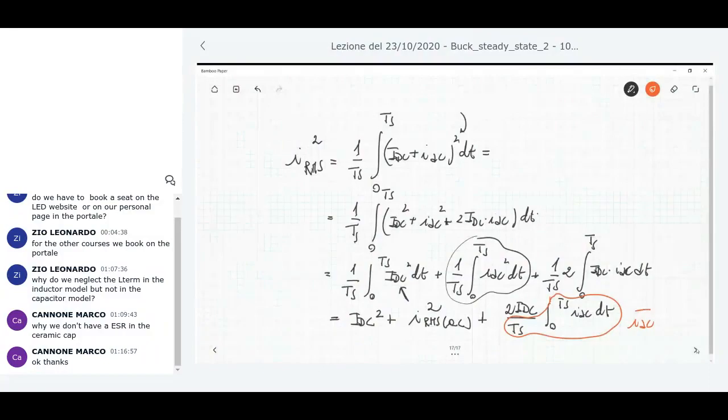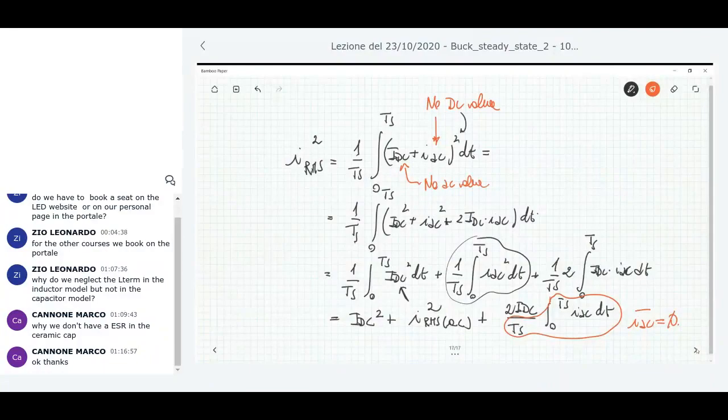But the average value is null by definition, because I define IAC as a current which has no DC, and IDC as a current which has no AC. Okay, so this integral goes to 0.